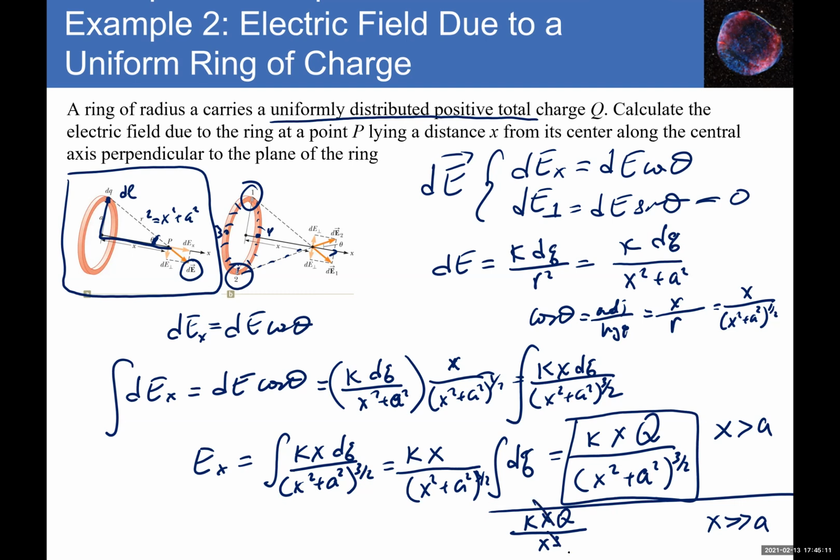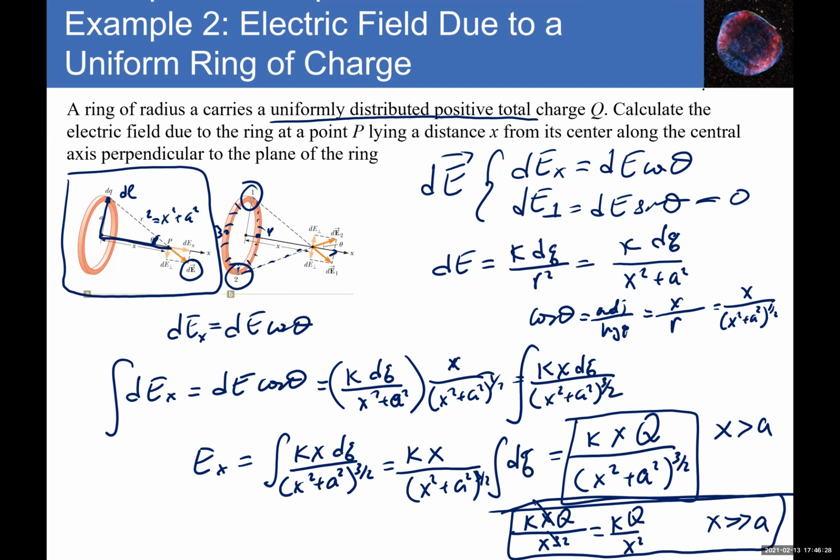Then this x cancels out with that, so it becomes kq over x squared, which shows that the ring behaves just like a point charge, kq over r squared. So when x is much, much greater than a, you basically have that.